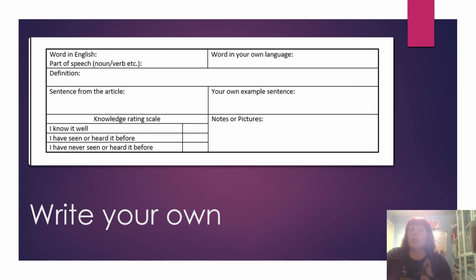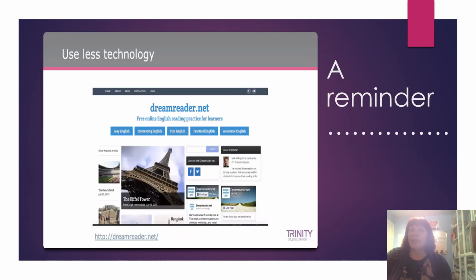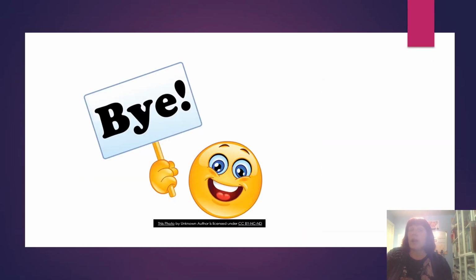So you're keeping a vocabulary book, but you're adding in extra information about it, and you're really learning independently once you get to the stage of creating this type of chart. And this is a reminder of the website, dreamreader.net.